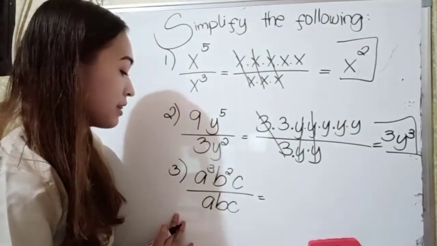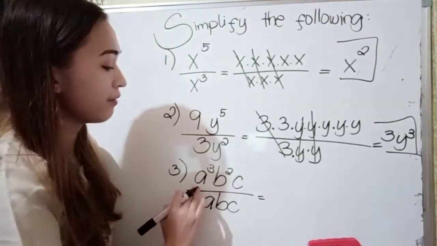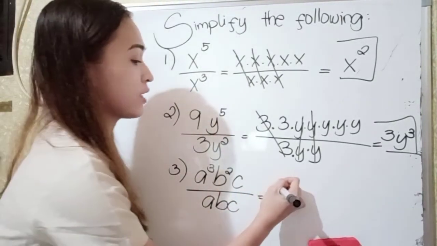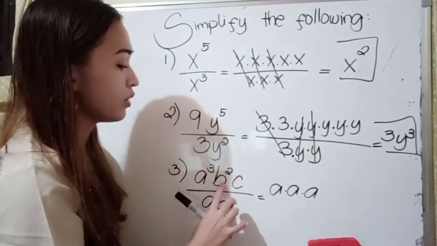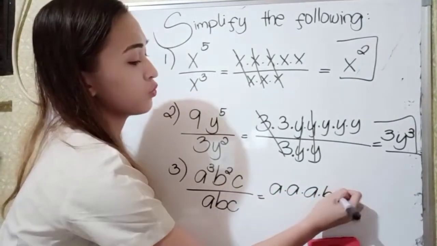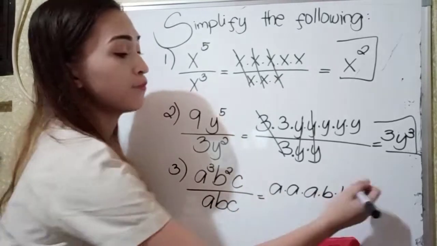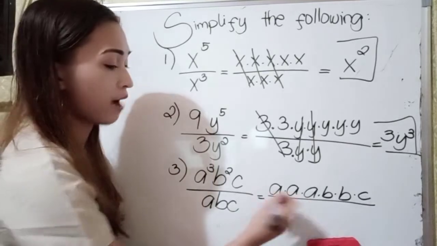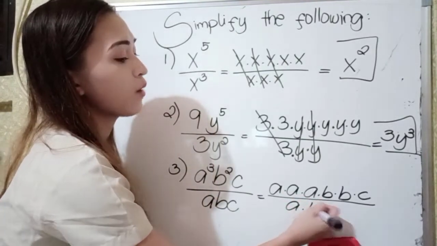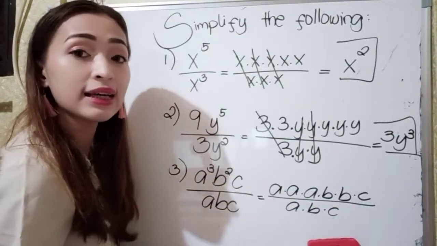How about number 3? We have 3 a's, so just write a, a, a. We also have 2 b's, and we have 1 c. In our denominator, we have only 1 a, only 1 b, and only 1 c.